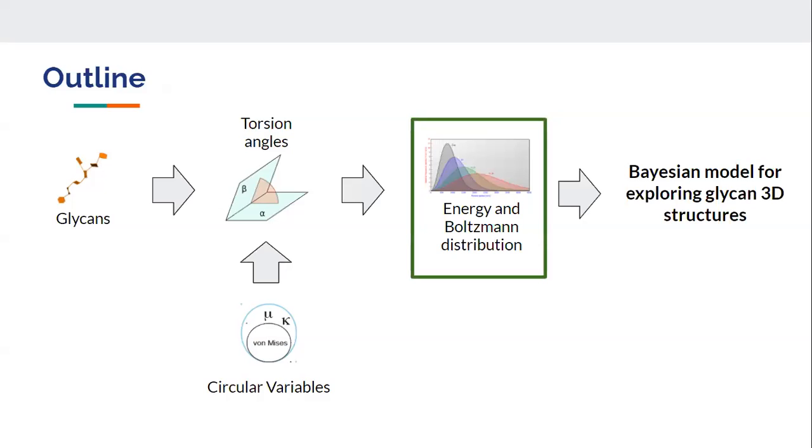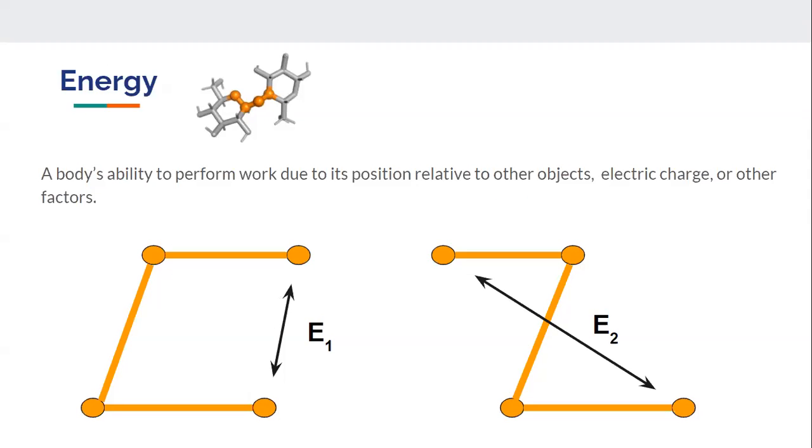Now, a few words on energy. Energy is defined as a body's ability to perform work due to its position relative to other objects, electric charge, and other factors. For explaining why we care about energy, let's recall those four atoms that defined the torsion angle earlier.